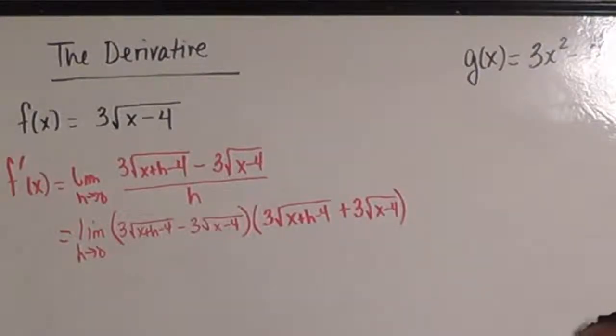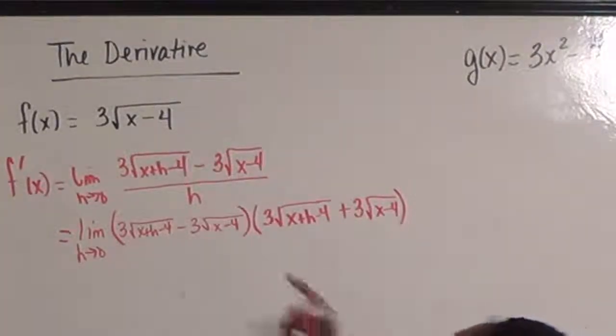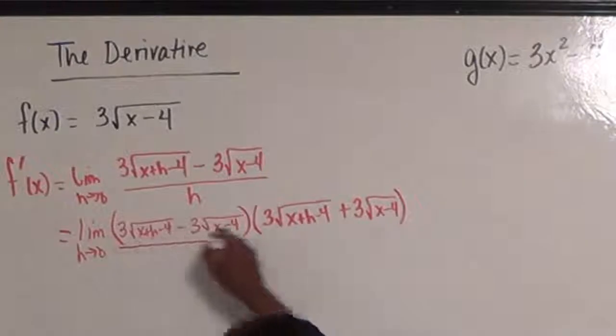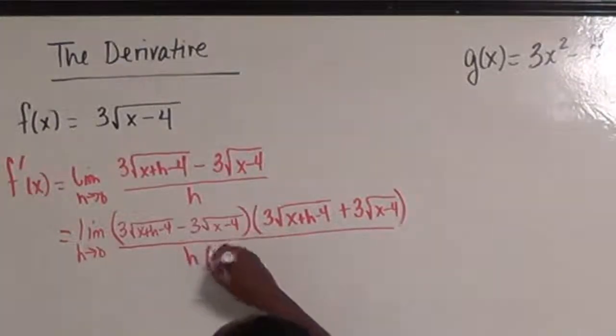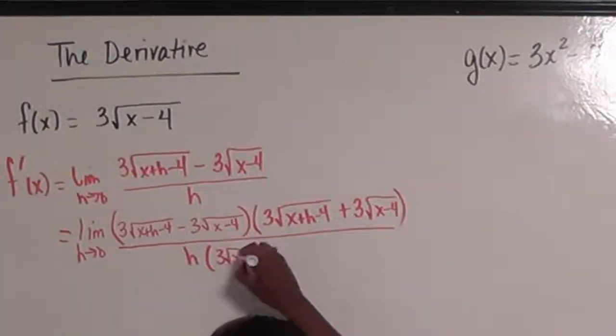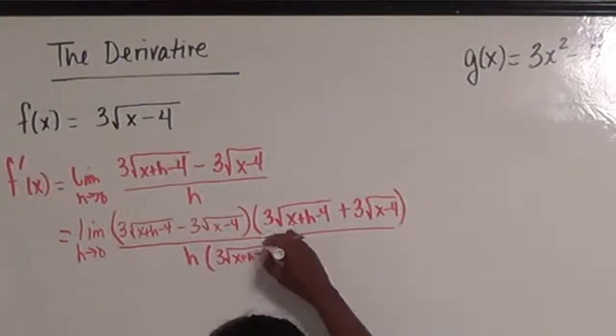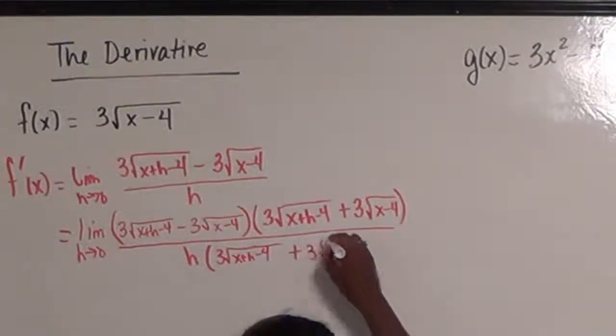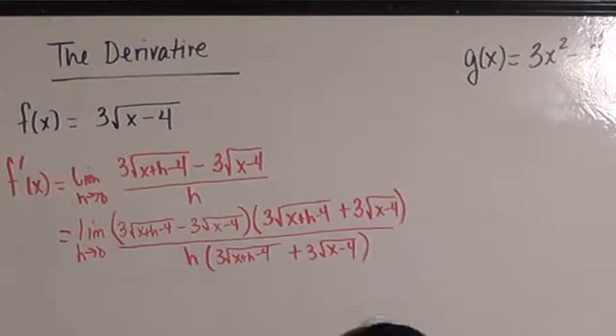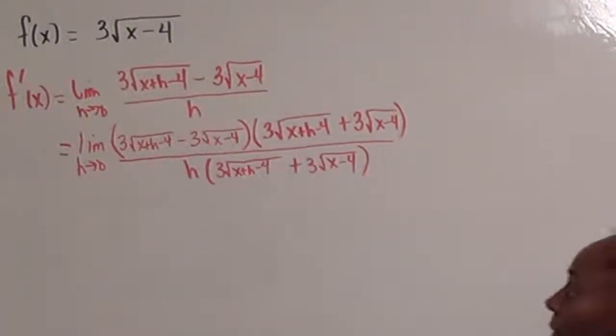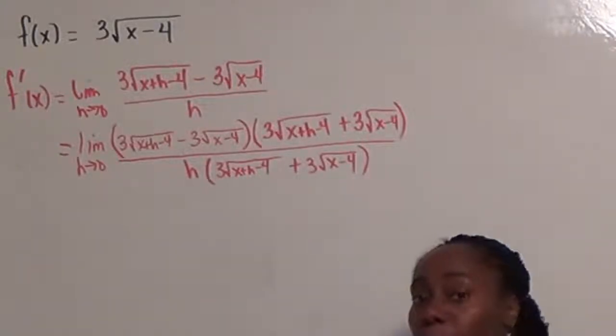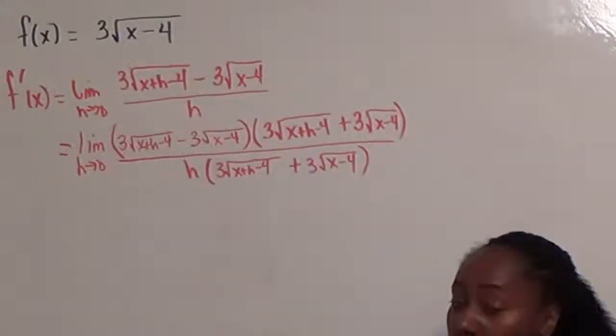Okay. Now again, because I'm looking at a rational function, meaning the h in the denominator, whatever I do to the top, I have to do to the bottom, so that my function has not changed. Now, just like before, I'm going to algebraically manipulate this by multiplying things out.